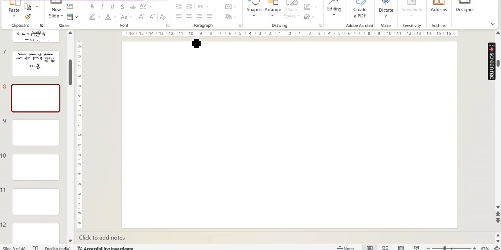Now, firstly we can discuss what is the difference between fringes of equal thickness and fringes of equal inclination. So first, fringes of equal thickness.